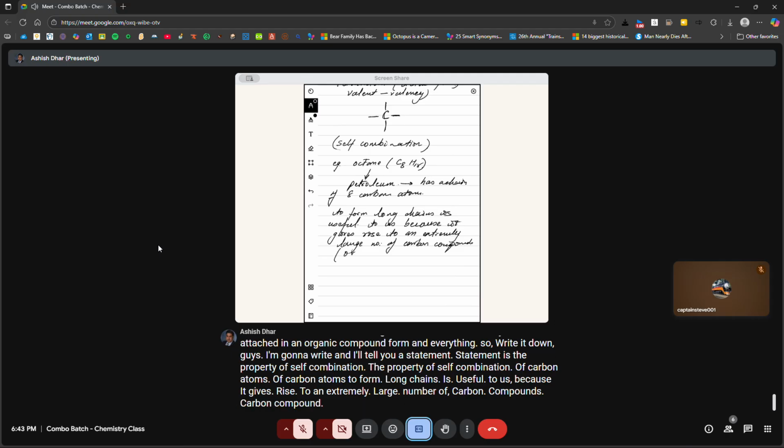Carbon compounds, or what did I say the other word? Organic compounds. And this is very interesting.